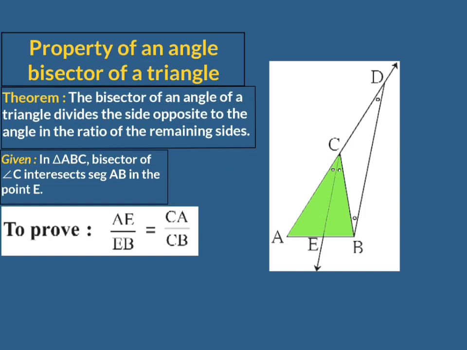This will be equal to the ratio of the remaining sides, AC and CB, that is AC upon CB. So we have to prove AE upon EB equals AC upon CB.